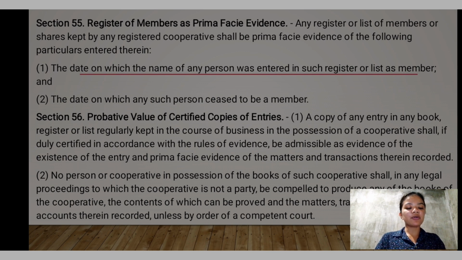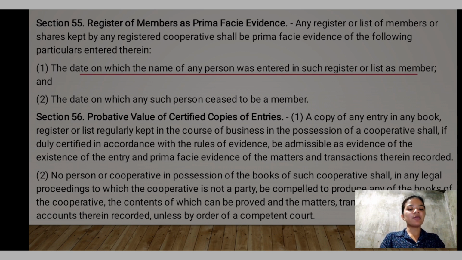First, any register or list of members or shares kept by a registered cooperative shall serve as prima facie evidence of the following details entered in it: the identity of the members of the cooperative, the number of shares held by each member, and other relevant membership or share-related details. This means that the register or list is presumed to be accurate and can be used as evidence in legal matters unless proven otherwise.